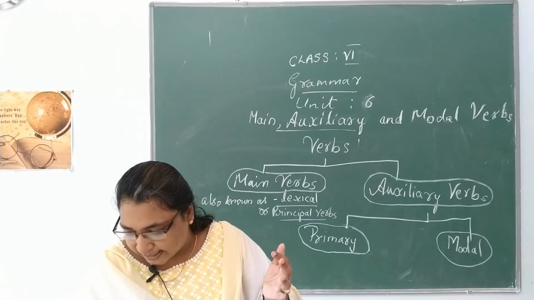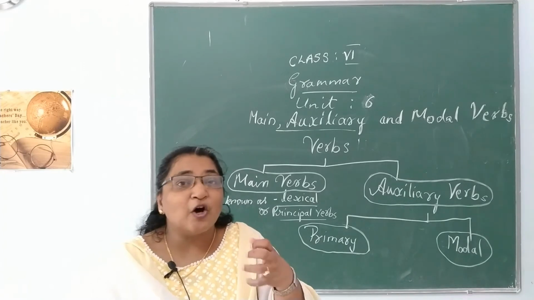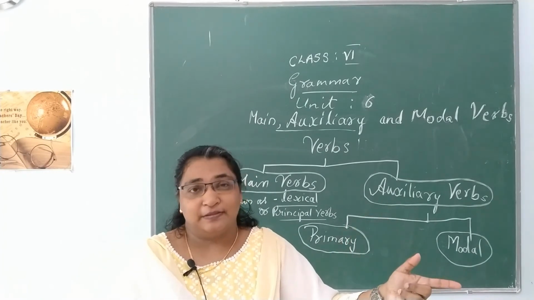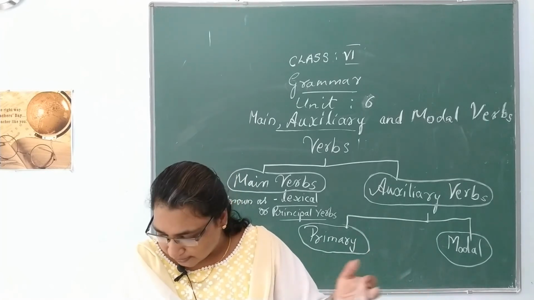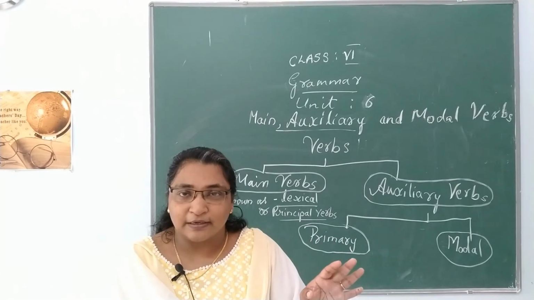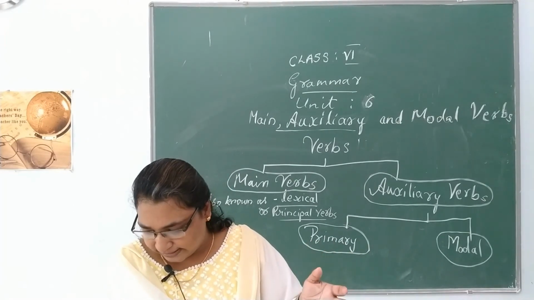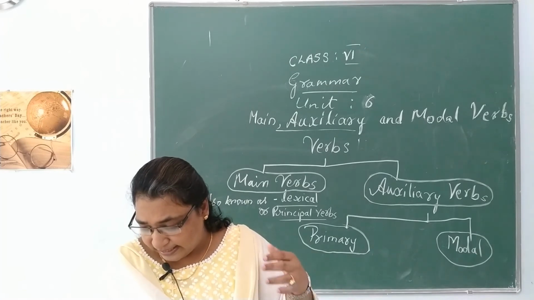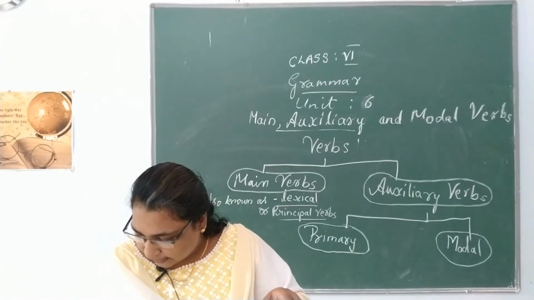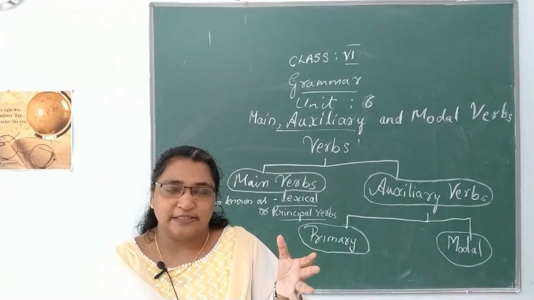We can arrange them on a scale of possibility in the following way. Possibility means what? Yes, it can happen, it might happen. So we don't know, it can happen or it may not happen. May indicates some possibility, could indicates the weakest possibility. Then might indicates still less or weak possibility.